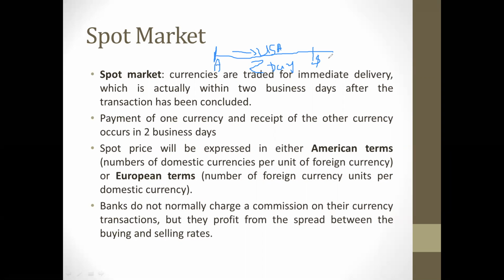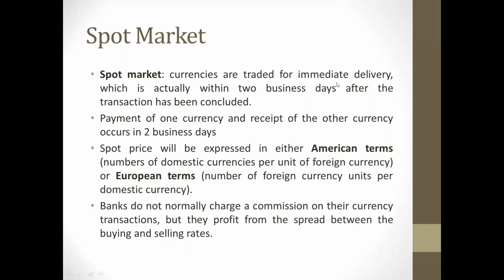That is what we call spot market transactions. Okay, the currencies are traded for immediate delivery, which is actually within 2 business days. That means the transaction has been concluded within 2 business days, right? So payment of one currency and receipt of the other currency occurs in 2 days.